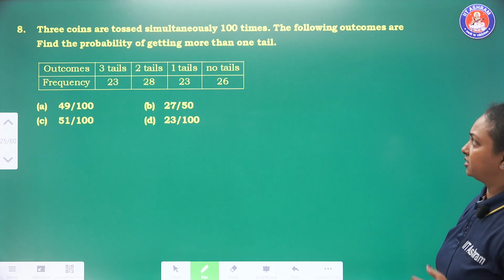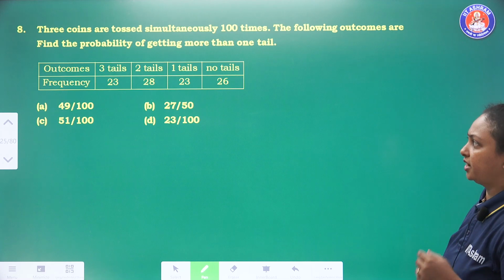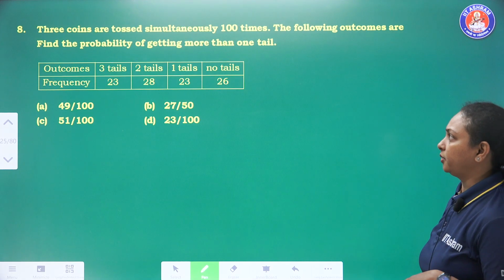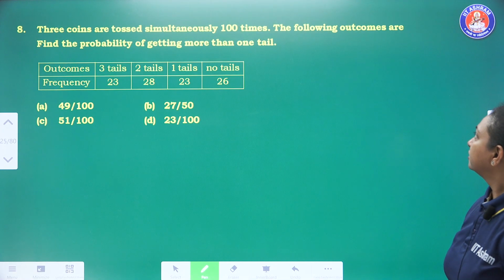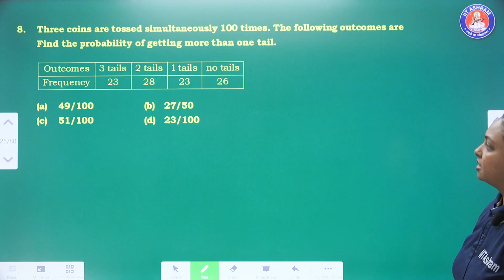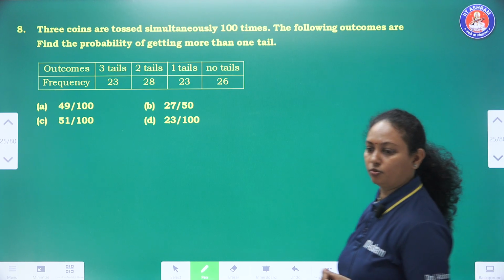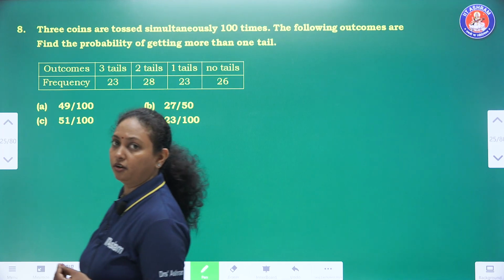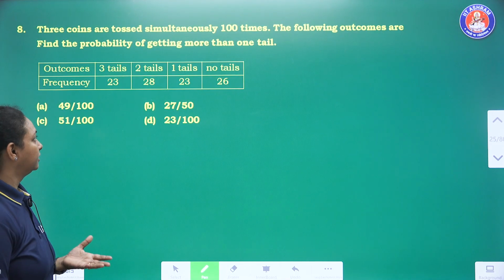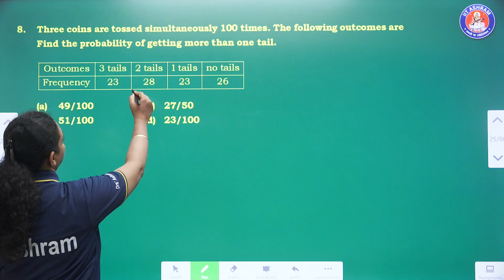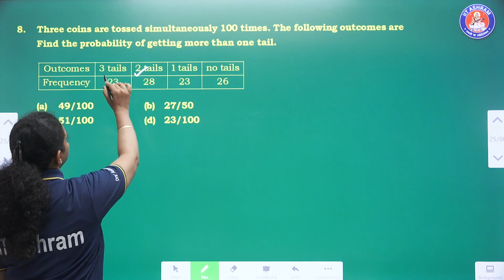3 coins are tossed simultaneously 100 times. The following outcomes are observed. Find the probability of getting more than one tail. So here it is asked to find the probability of more than one tail. So we have to consider 2 tails and 3 tails.